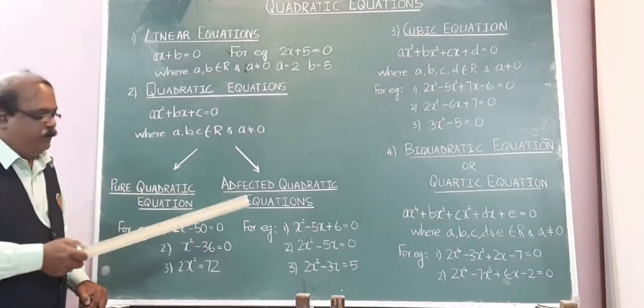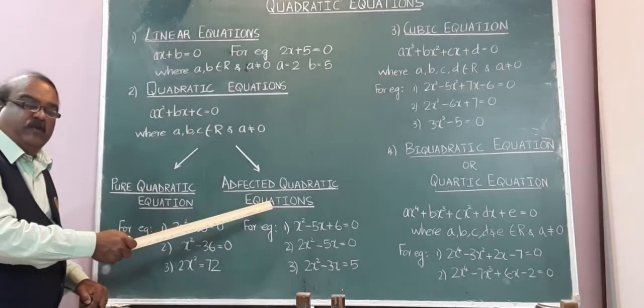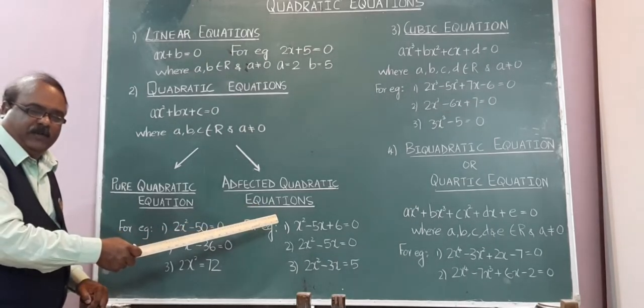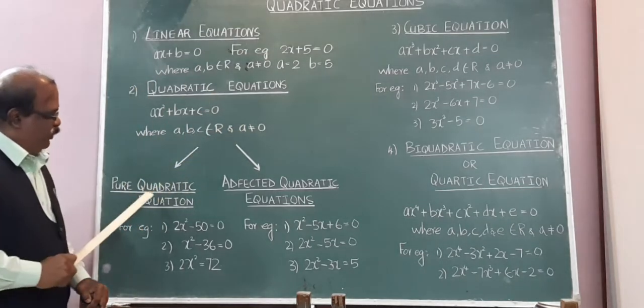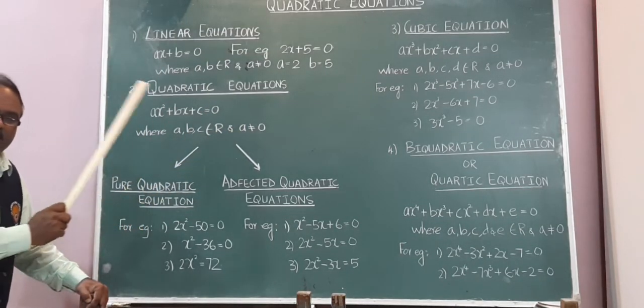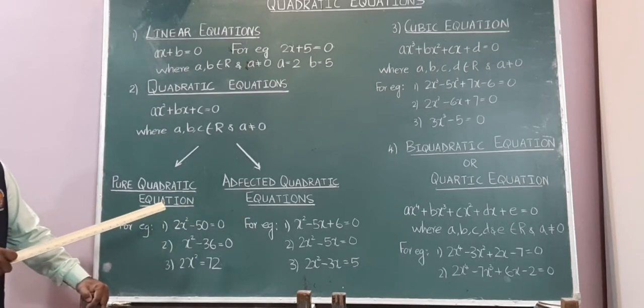I explained to you in my last class what is a pure quadratic equation and what is an add-affected quadratic equation. The two types of quadratic equation are pure and add-affected. Now what is a pure quadratic equation?